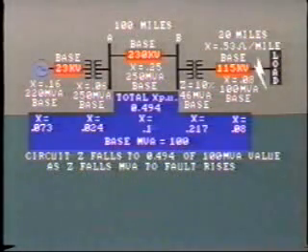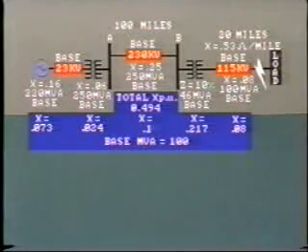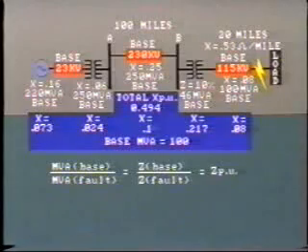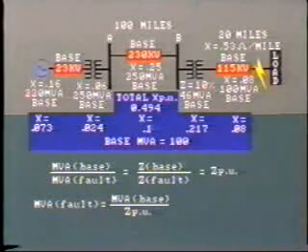As impedance falls, the MVA delivered to the fault will rise, and its value can be found from this simple relationship. Load MVA divided by fault MVA equals load Z divided by fault Z equals per unit impedance. And from this, fault MVA equals load or base MVA divided by per unit impedance.